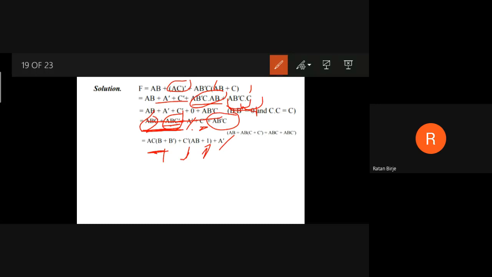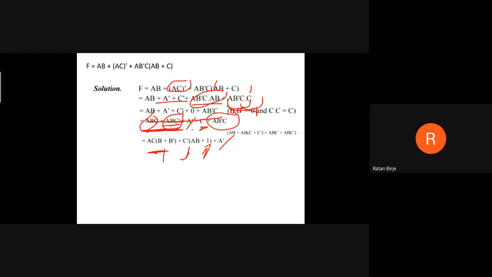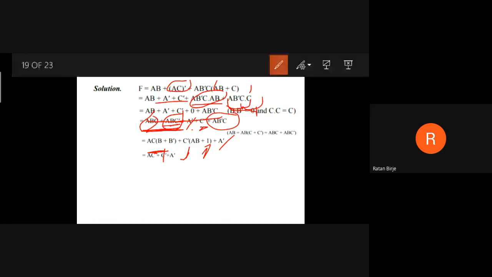Right? So after this what happens? AC plus C bar plus A bar. Why? Because B plus B bar will be 1. And see this AB plus 1.